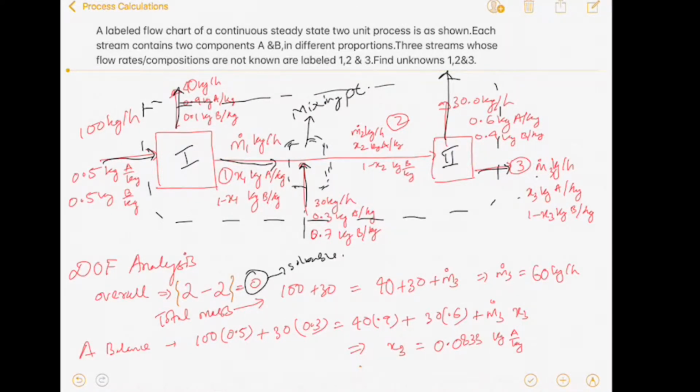So 2 minus 2, 0, it's solvable. If you do a degree of freedom analysis on system 1, the unknowns are M1 dot and X1, two unknowns and two balance equations, so it is also solvable.